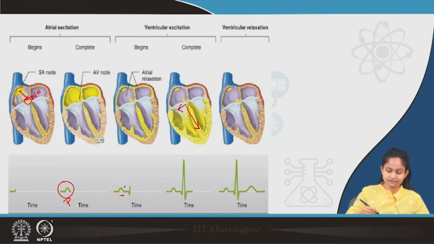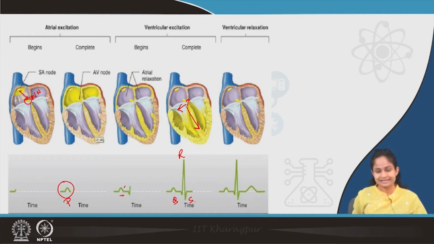Then the basal portion of the heart gets depolarized, and hence we get the QRS complex.